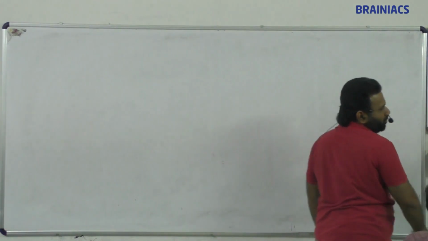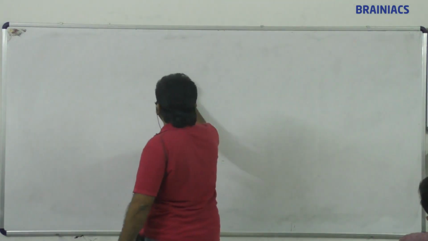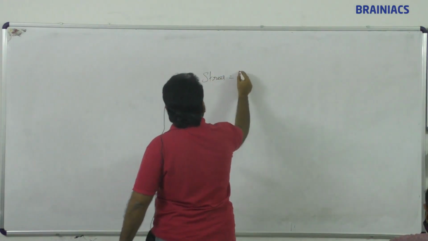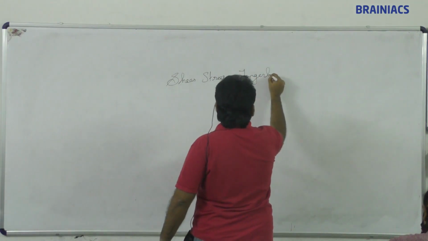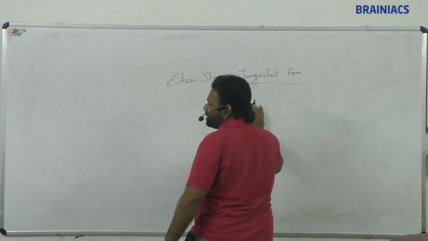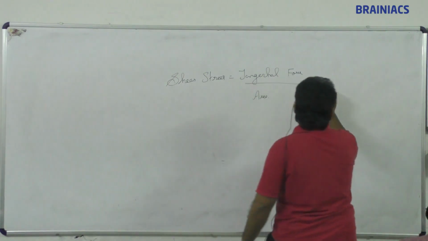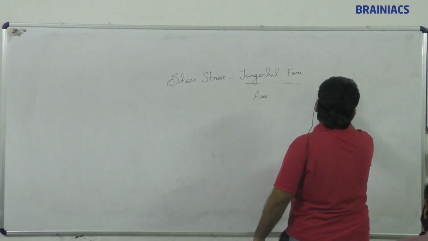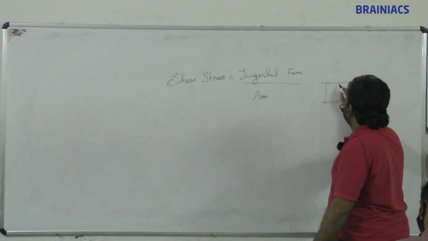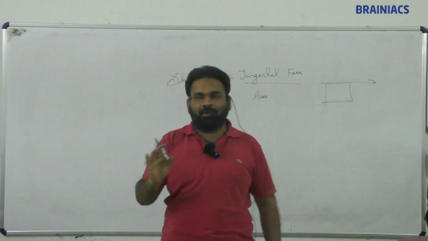Stress is actually force by area. So shear stress is what? Tangential force divided by tangential area. Simply, if this is a structure, then tangentially we will be applying force. That's it, right? Okay. So shear stress, we have an idea about it. Already we have studied it.